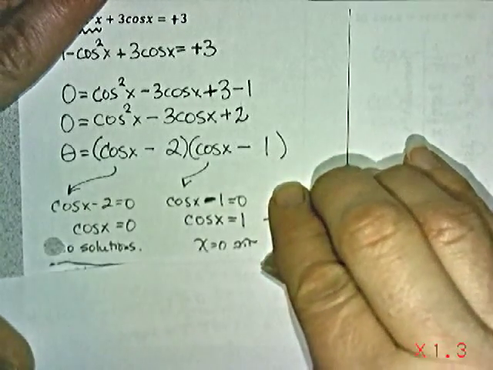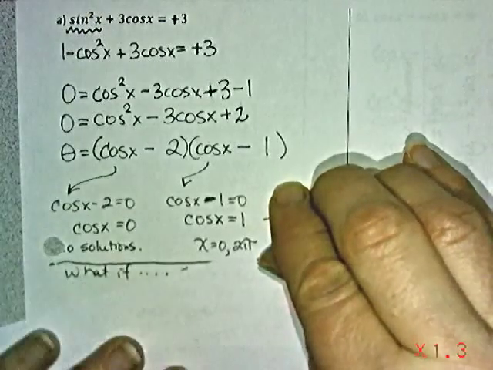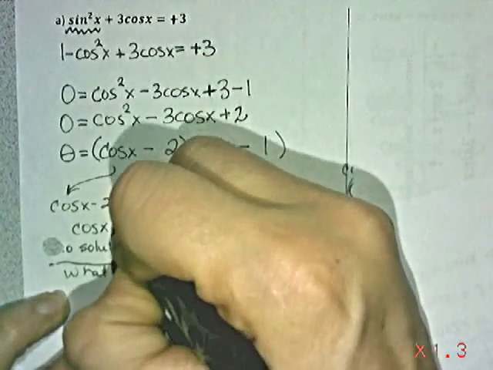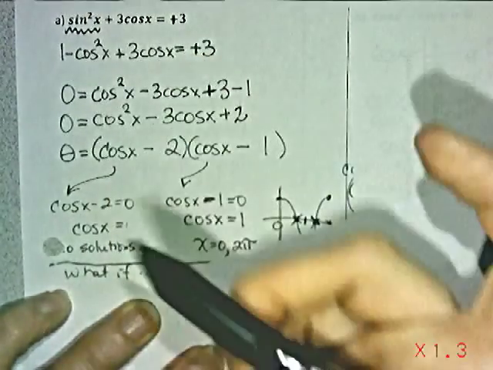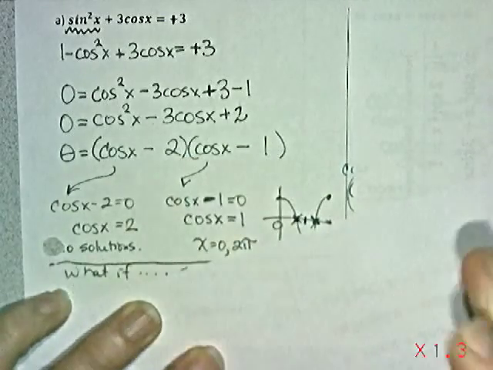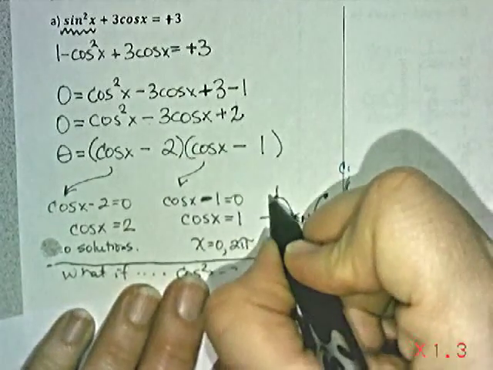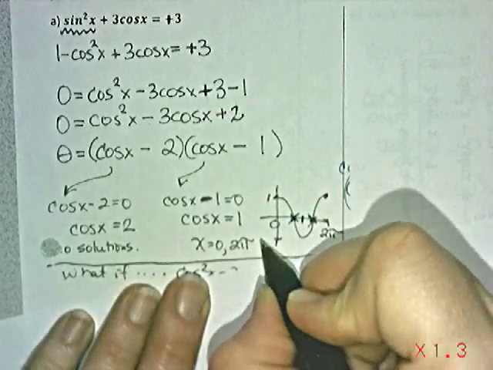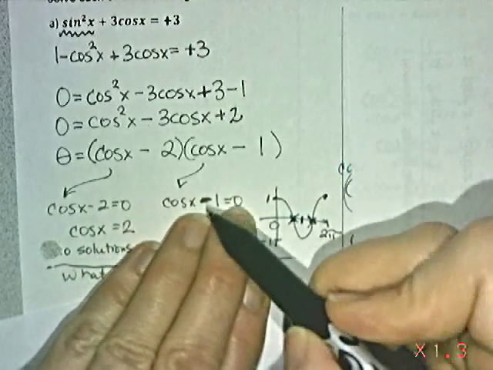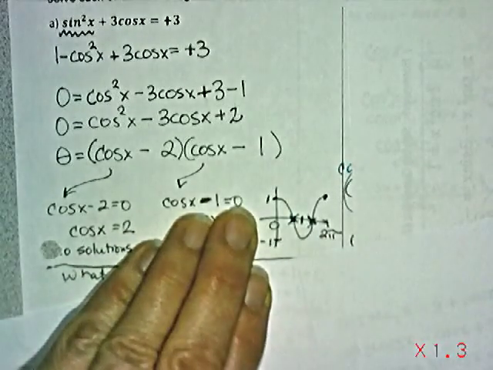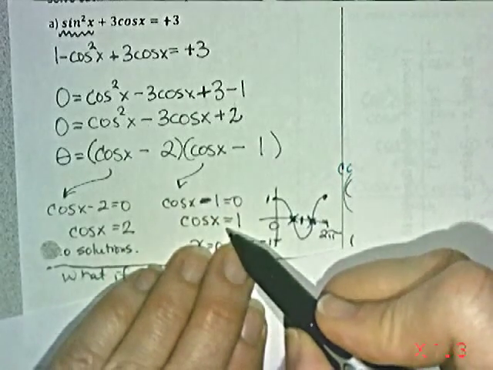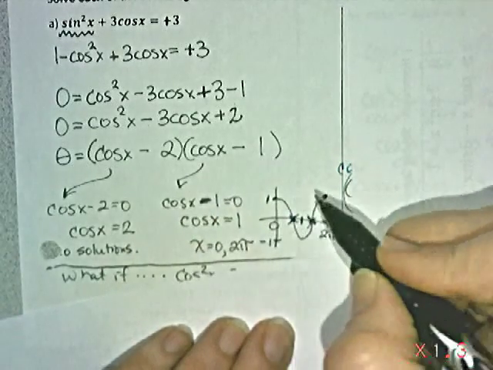And so the first one, where is the cosine of x equal to 2? Well, we know that there are no solutions for that because cosine never goes above a 1 nor below a negative 1.